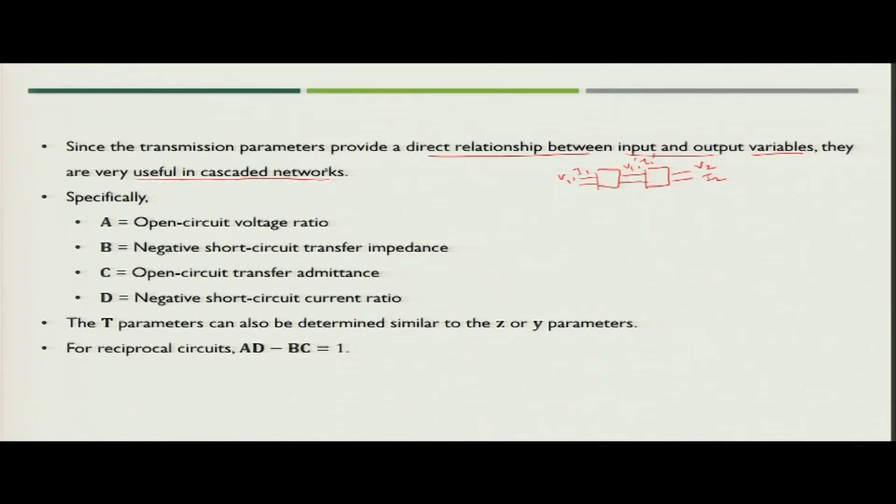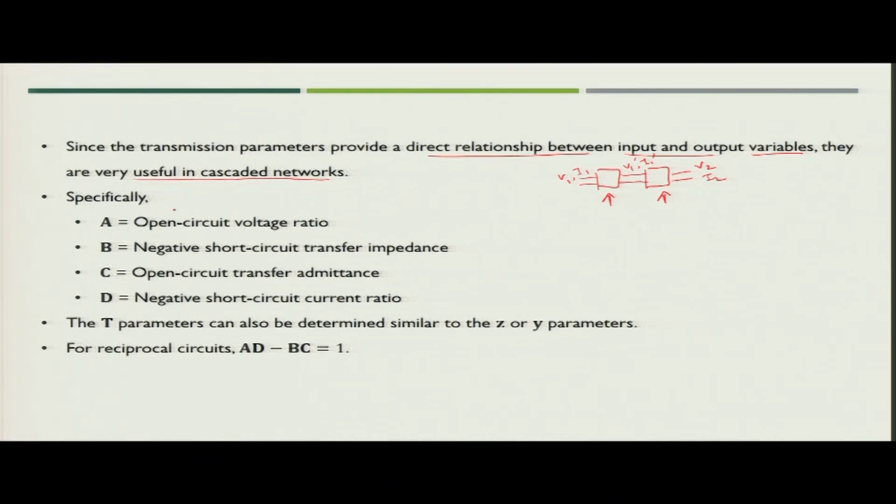So, the transmission parameters will help you to establish the relationship in those cases when you have cascaded networks. Analysis of these kinds of networks we will see in the next lecture when we discuss the interconnection of various networks. We will see that particular aspect in detail.